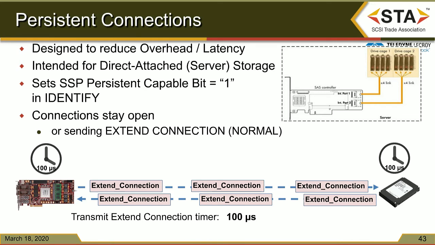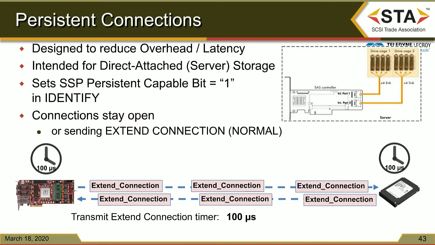Now, if you're not receiving or transmitting data, they would start sending the extend connection primitive on expiration of that 100 microsecond timer. So basically it becomes a keep alive, and the connection basically stays open as long as the PHY is receiving a valid frame or one of these extend connection primitives.